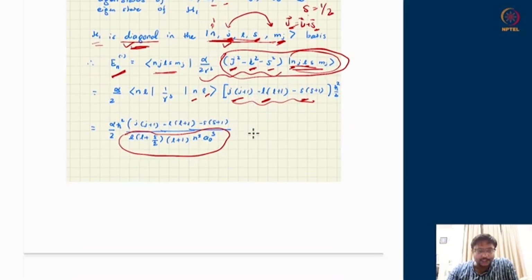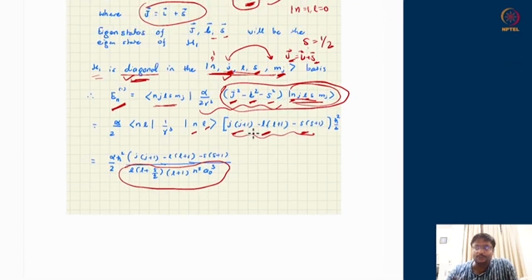So therefore, in order to deal with any system, I will first check whether my system is degenerate corresponding to the unperturbed Hamiltonian H0. If it is, I will always try to construct a basis in the degenerate subspace where the perturbation Hamiltonian becomes diagonal.